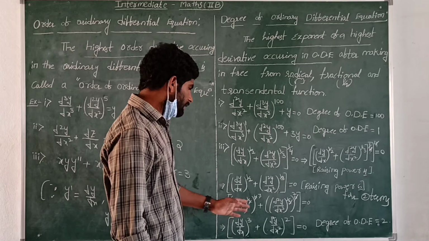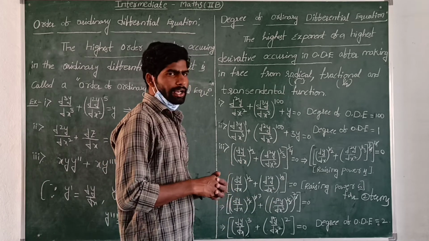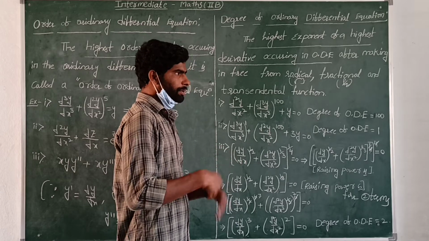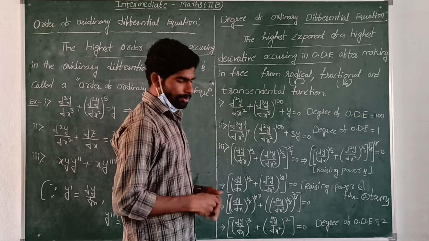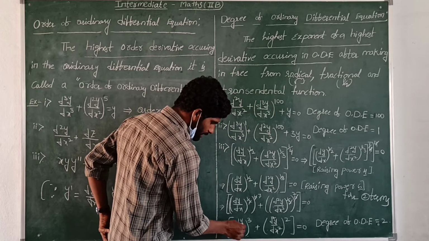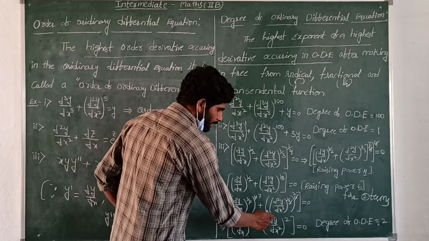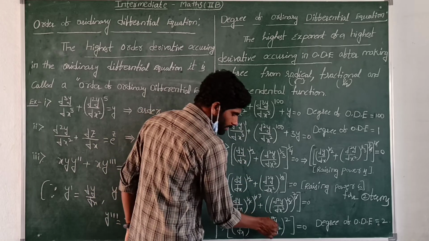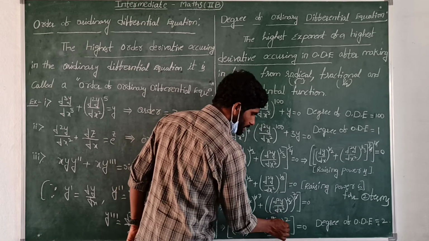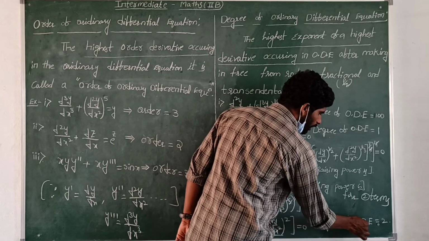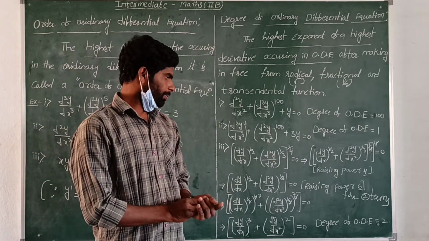Now for the degree, we take the highest order derivative. In dy by dx the derivative order is 1; in d square y by dx square the order is 2. So I take this term, and its exponent is 2. So the degree of the ordinary differential equation equals 2.